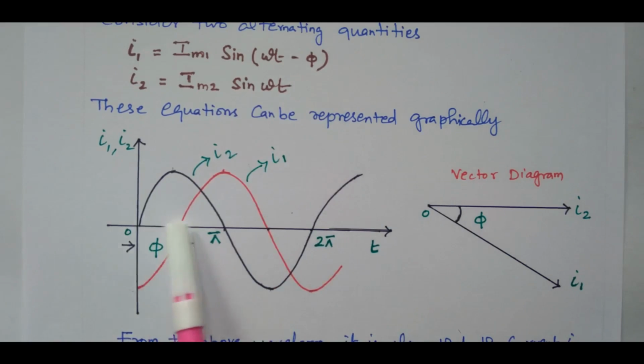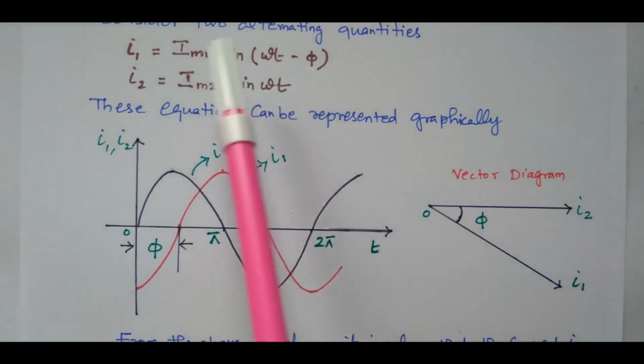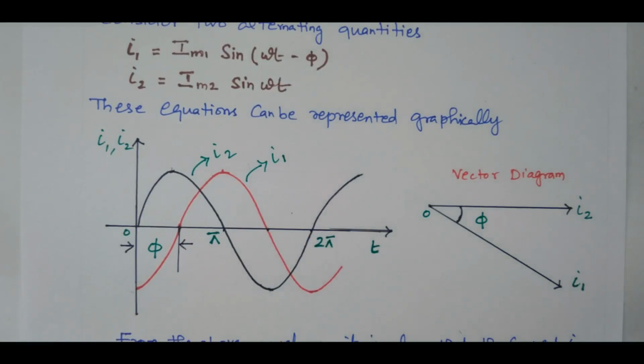So this is the lagging angle between I1 and I2. I2 starts at 0, but I1 starts after some angle, that is pi. So this is the lagging angle. Due to the delay, it is subtracted and termed as a lag. That is also represented by the vector diagram. So this is I2, normal, 0 degree, it starts at 0 degree, but I1 starts later on, so it is in the downward direction.